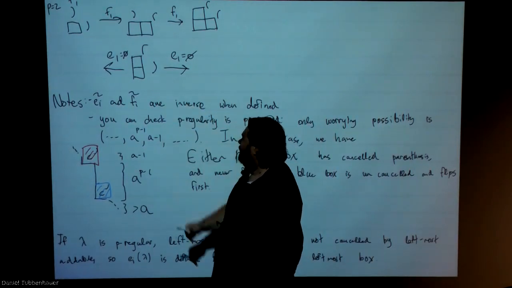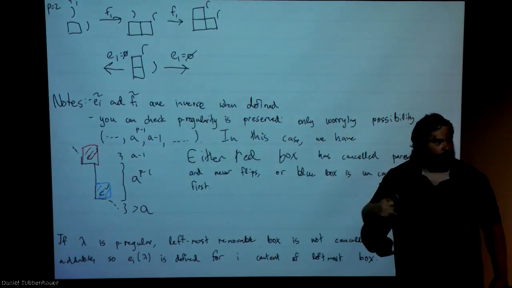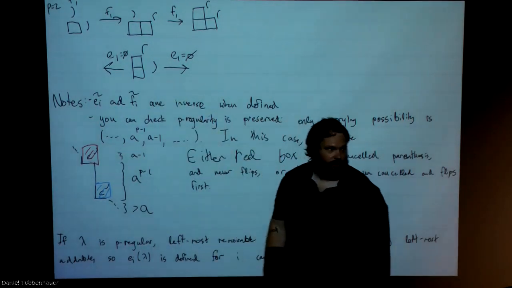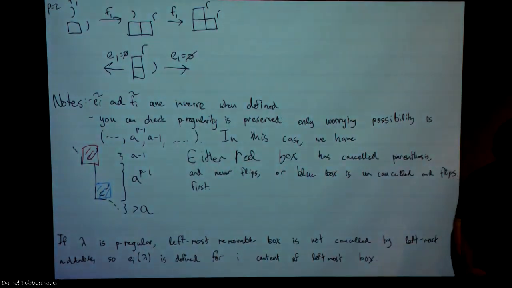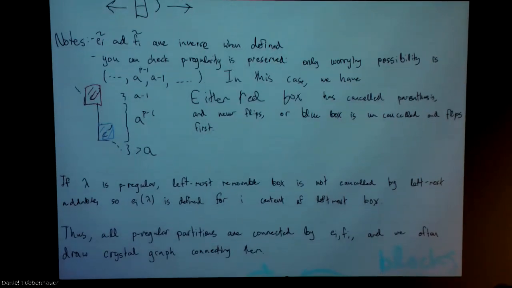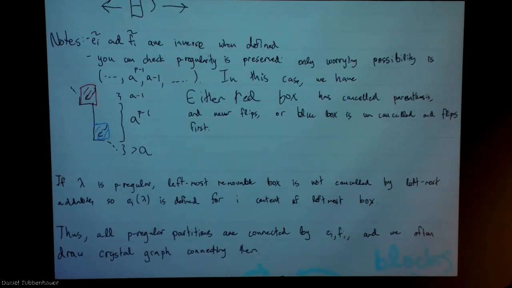There are also sl2 actions on modules over the Schur algebra, and I can interpret this as a module over the Schur algebra, and this is telling me that F1 and E1 kill that simple module over the Schur algebra. So these are inverse when they're defined.